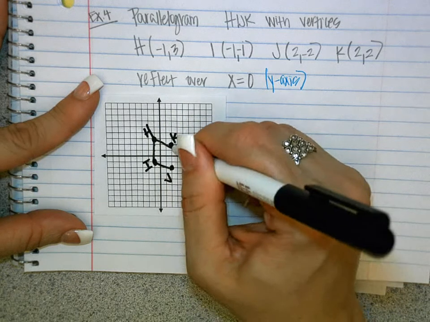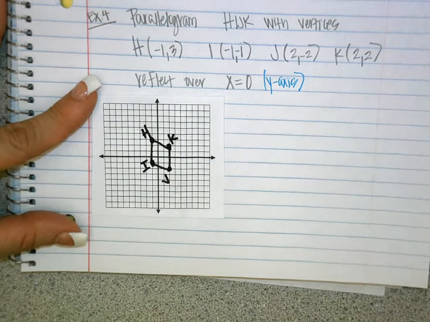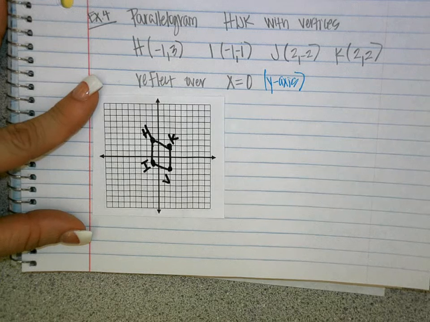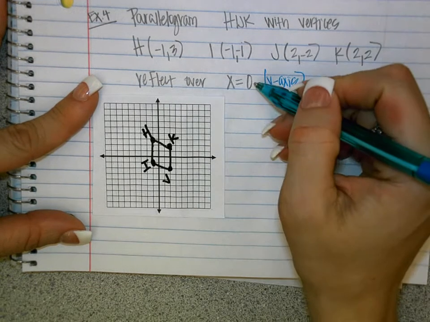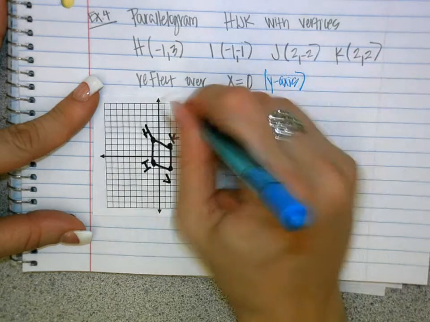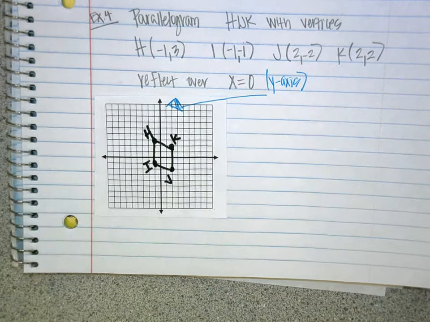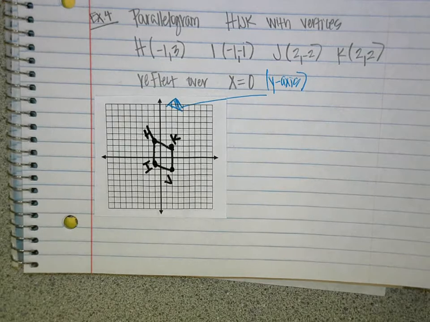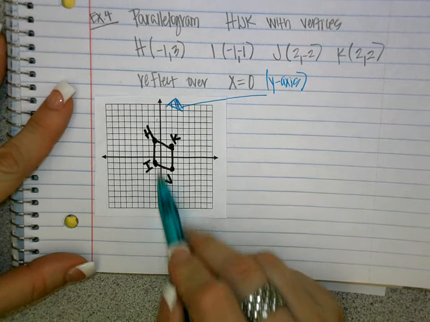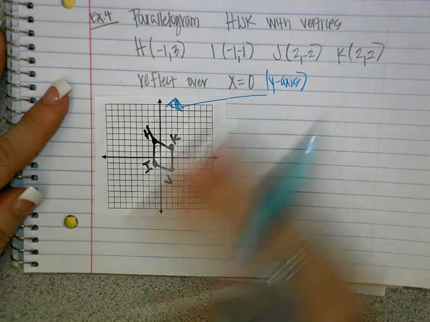It's a rhombus. It's a parallelogram. And this one I said I wanted to reflect over x equals 0. So the y-axis, you're going to reflect it over this axis. This is confusing because you're reflecting it in the middle. That's okay. It doesn't have to all be on the positive or all on the negative side.